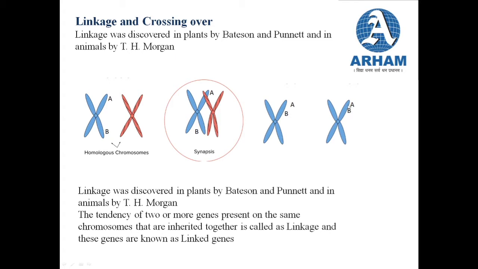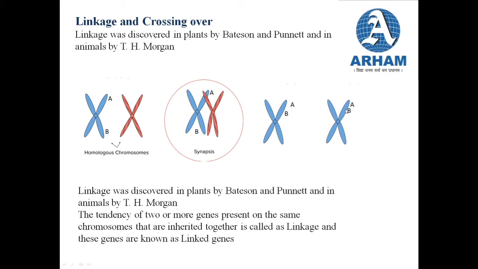So gene A is located over here and gene B is located over here, just beside gene A. The chances of them being separated are even less, because they are extremely close to each other, and this extremely close location makes the chances of them getting separated zero.